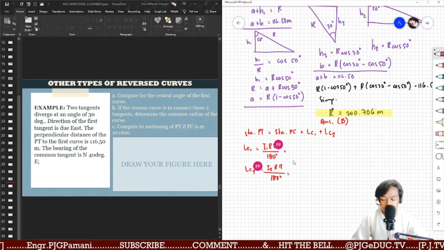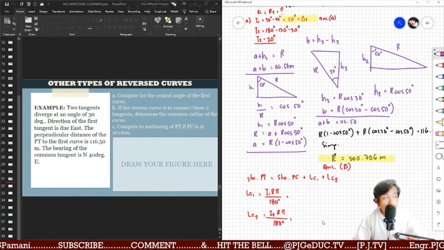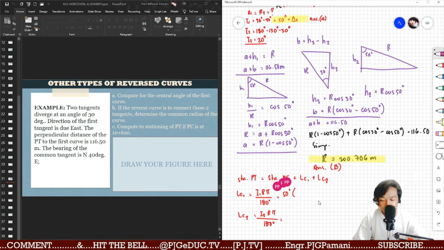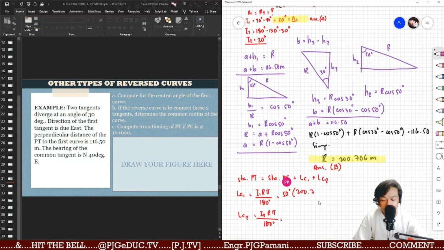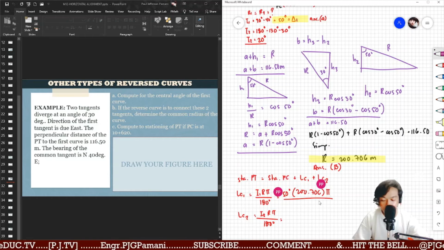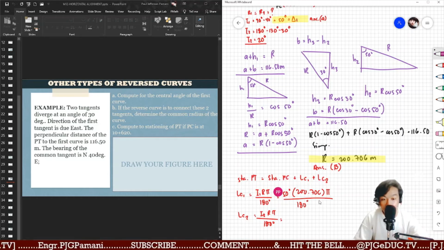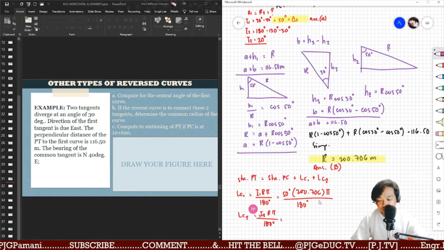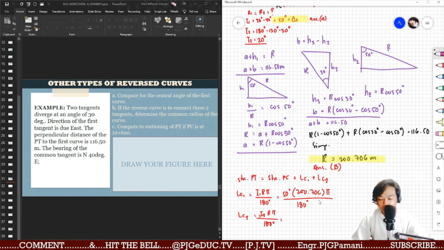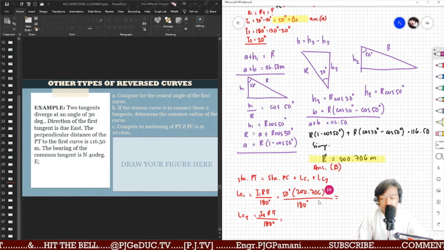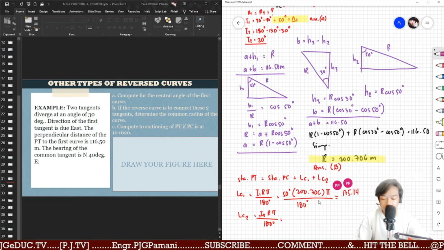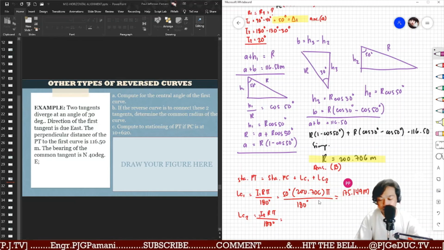Substitute all known values. I1 was computed as 50 degrees. R is 200.706 meters. And pi over 180 degrees. Gives us the length of the first arc. Length of the first arc is equal now to 175.149 meters. Okay?